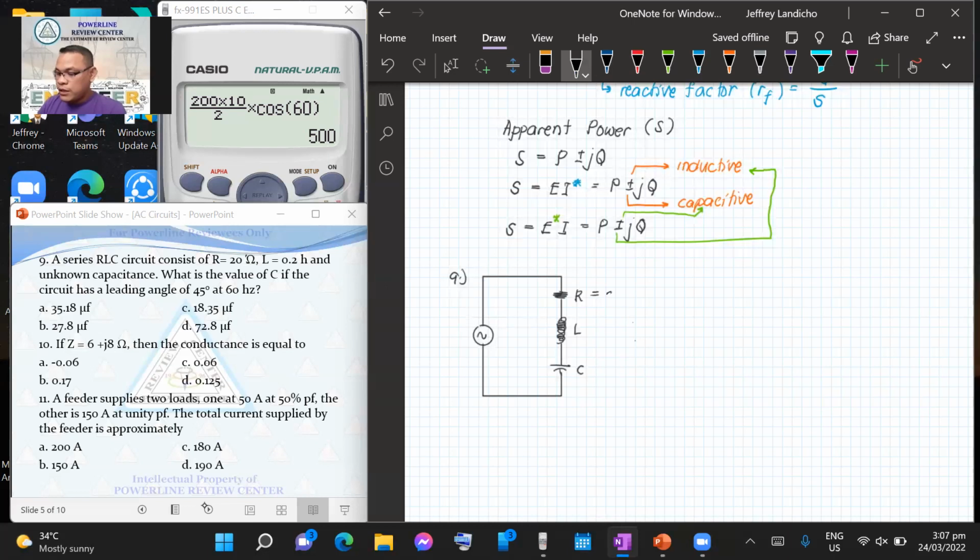Given that the resistance is 20 ohms, the inductance is 0.2 Henry, and we have a known capacitance connected across our source voltage E. Let us consider for simplicity that the voltage is our reference, so the phase angle of this voltage is 0. The problem asks, what is the value of capacitance wherein the circuit has a leading angle of 45 degrees?